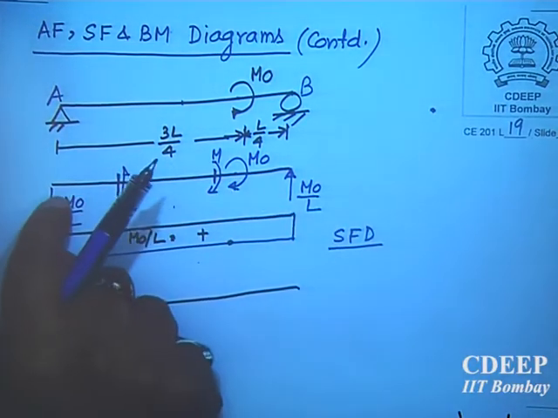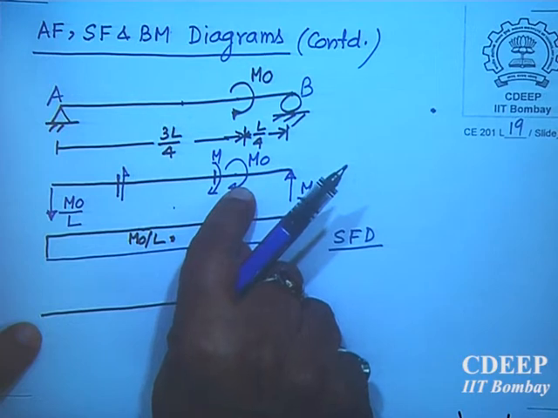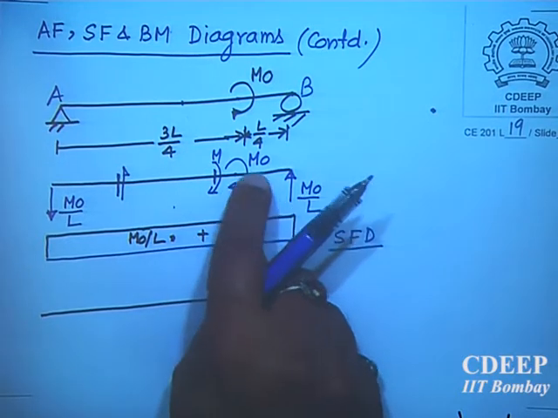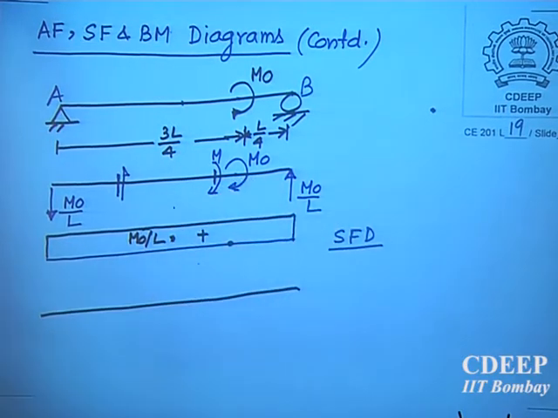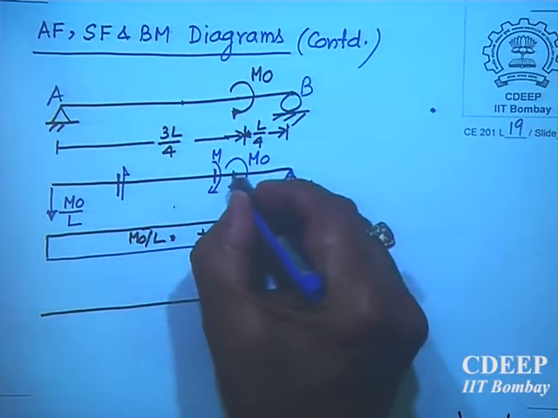X can be anything from 0 to 3L by 4, but less than 3L by 4, not exactly 3L by 4, so that M naught does not come, because at that particular point you have applied a concentrated moment. So my point has to be less than.